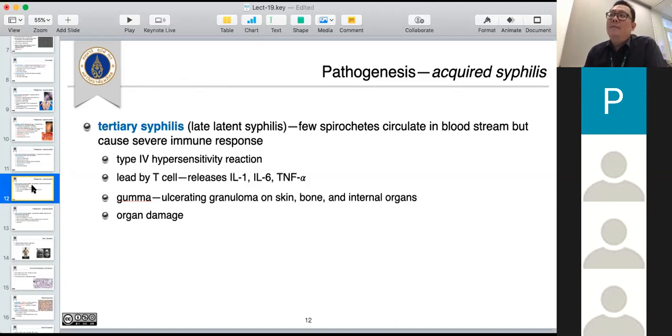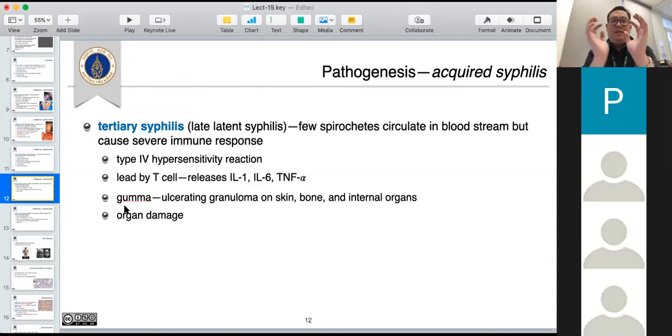Or sometimes they call so many immune cells to surround the bacteria. Okay, immune cells cover the bacteria, kind of like a ball containing bacteria, which we call a gumma. That looks like an ulcer inside the internal organ.